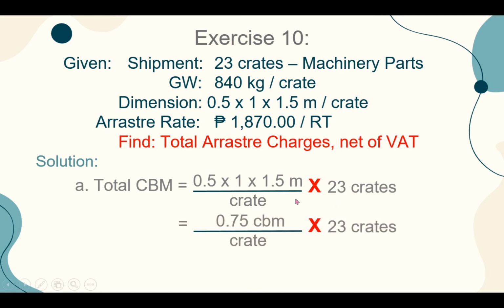So, 0.5 times 1 times 1.5 meter is 0.75 CBM. Paano naging CBM? Kasi lahat yan meter, meter, meter, kaya siya naging CBM or cubic meter. Over crate and multiplied by 23 crates. Cancel out same units. Ang natira ay 17.25 CBM. Alright?